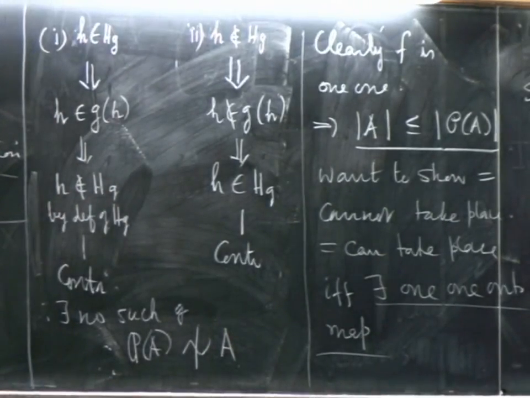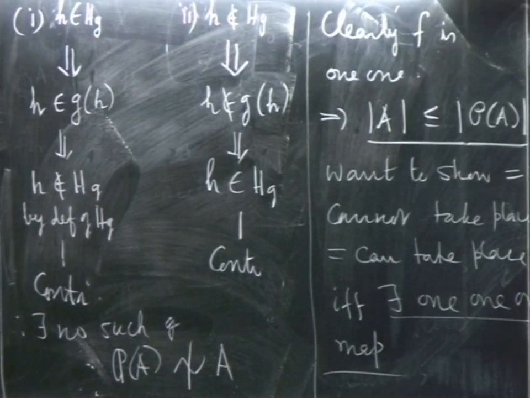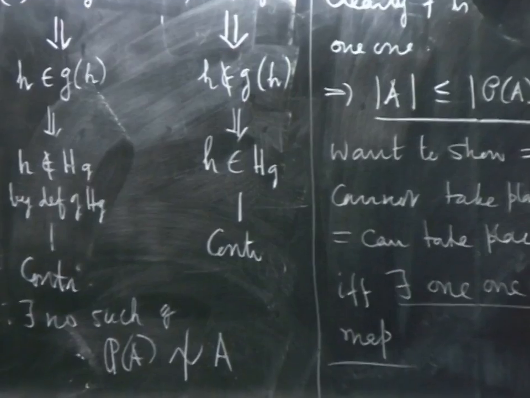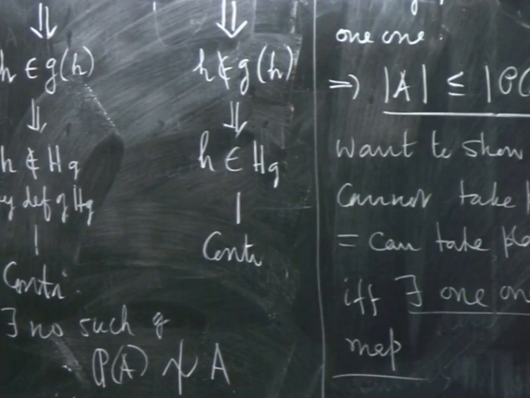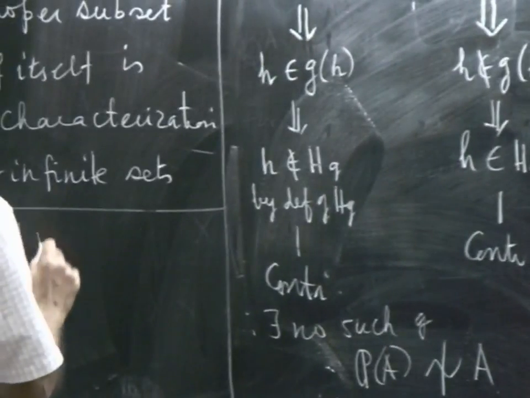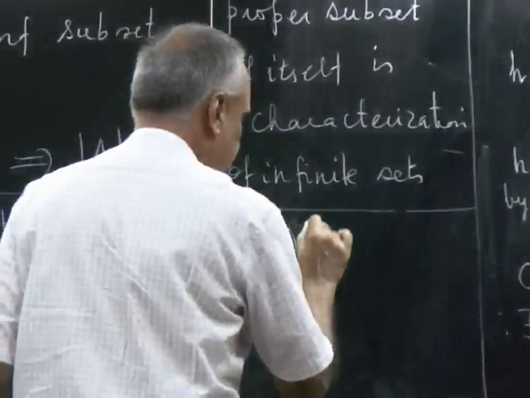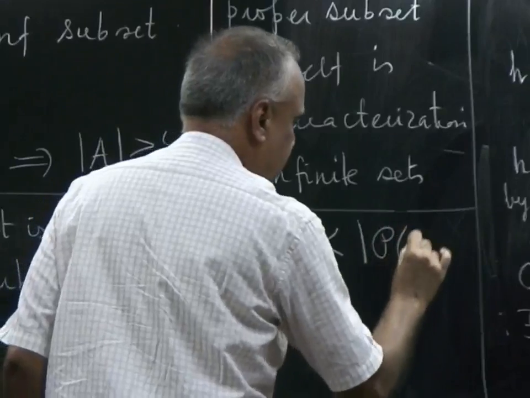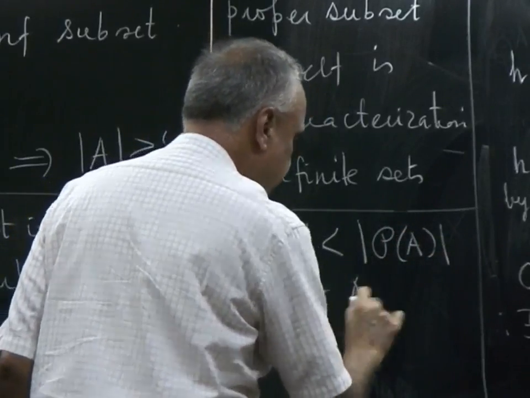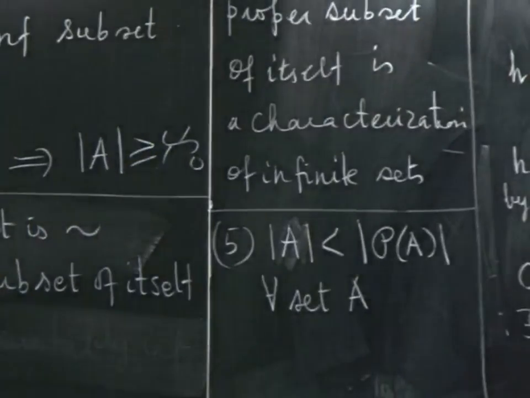And we have already shown that the size of A is less than or equal to the size of PA, and we have now shown it cannot be equal, and therefore, we have this important result that the size of A is less than the size of PA for every set A. Finite or infinite, it does not matter, always.